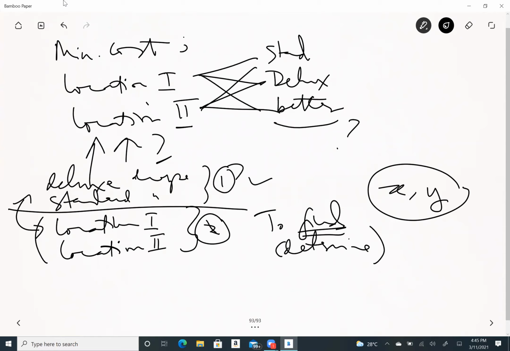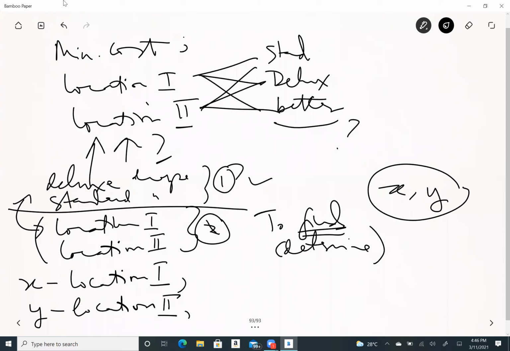So you have location 1 and location 2. Now the variable is not just location 1. What is the unit? Or you can put Y, location 2. What is the unit? Is it kilogram or acres or what? They give it to you in the question.